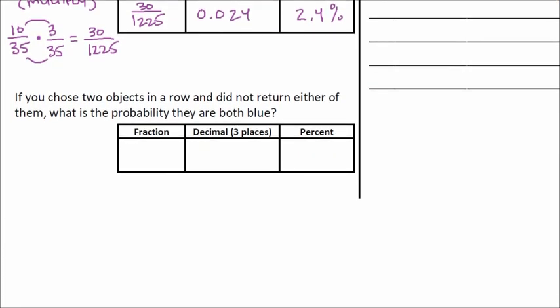The last one, if you choose 2 objects in a row and did not return either of them, did not return. And if it says 2 objects in a row, class, this is multiple trials. What's the probability they are both blue? So again, we're going to have 2 trials here.